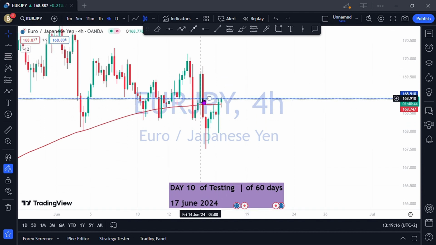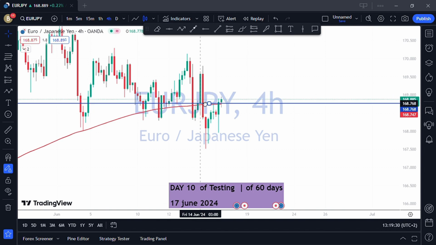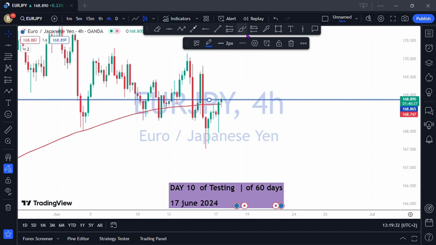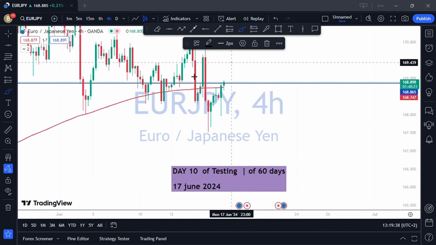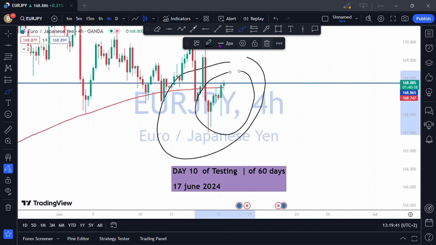There are two things. We have a broken structure, and we also have a counter trend from where the price is right now. From right here is where I'll be focusing.